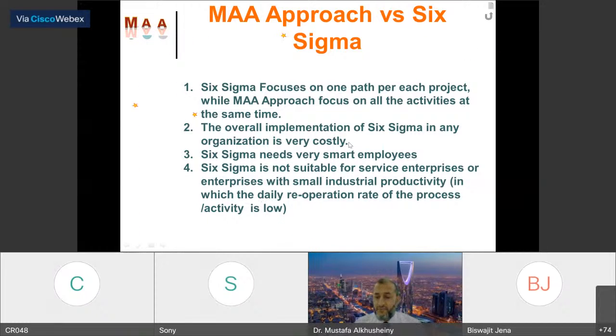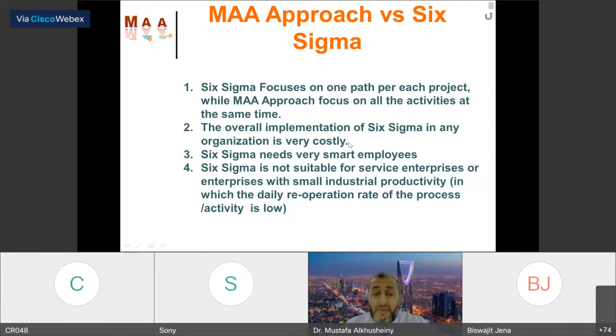So, by comparing my approach with the other management methodologies, we find my approach is cheaper, simpler, easier to use, and more accepted by all types of people, because it is very near to the methods of the brain.